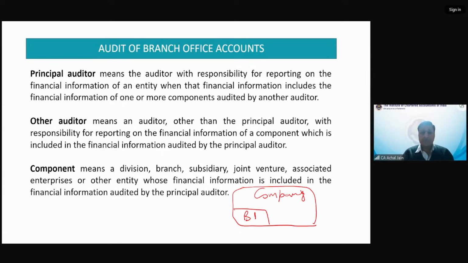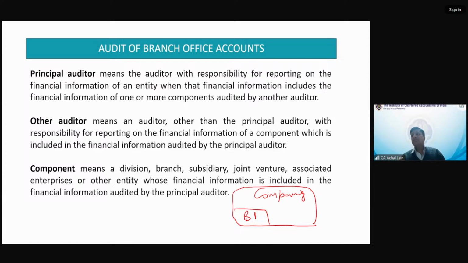Sometimes, for example in case of PSUs or government companies, there are a lot of branches, and those branches are quite significant and quite decentralized at times, in terms of running their operations or handling the part around that branch.